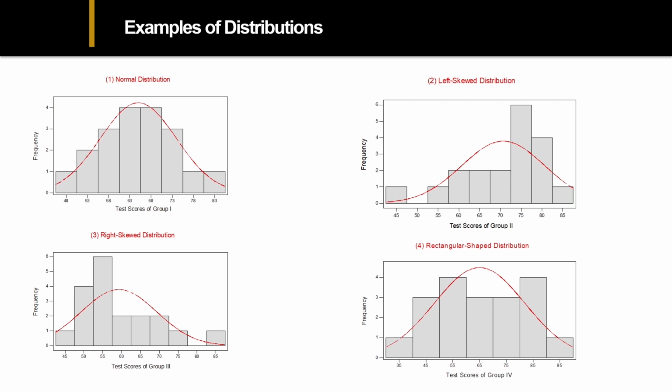And the opposite is true for number 3 in the right skewed distribution. You have some outliers or some far values on the right kind of pulling that mean up away from the median. Rectangular shaped distribution is another way to say uniform. It's kind of a little like what ours looks like, where it has some central tendencies right there, in the middle, but kind of peaks on the sides.